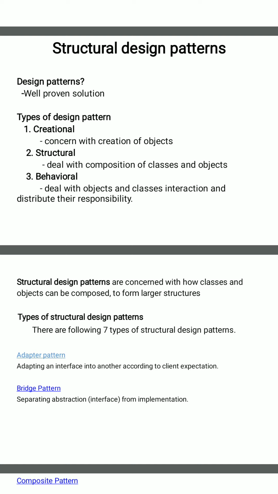The next one is the behavioral pattern, which gives how the objects and classes are going to interact together in order to perform the task, and what the responsibilities of each object are with respect to the classes here.